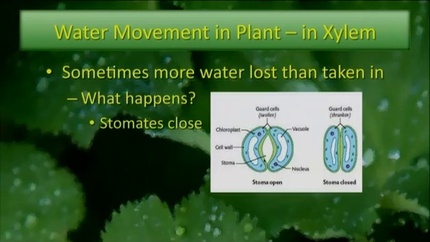So then the stomate opens. When photosynthesis is not happening, the potassium ions leave the guard cells, water follows, and the two guard cells become flaccid and the stomate closes.